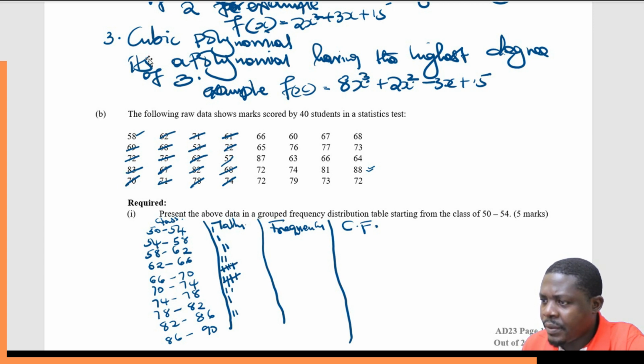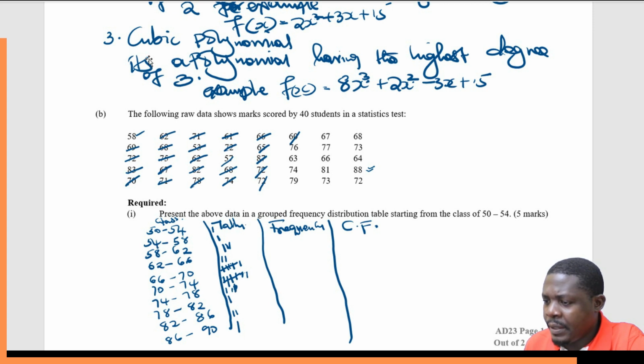I close this one. 65. 87. 72 should be here. No, it is here. 72 again. 60. 76.